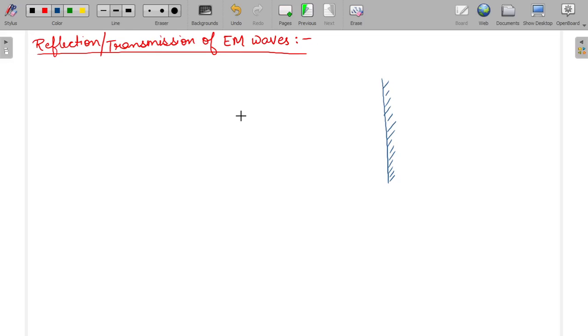So let's suppose this side is our medium 1, this side is our medium 2, okay, and eta 1 and epsilon 1 are the characteristics of medium 1, and eta 2 and epsilon 2 are the characteristics of medium 2.